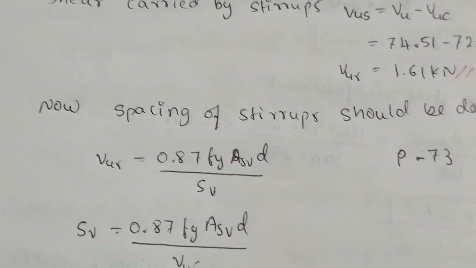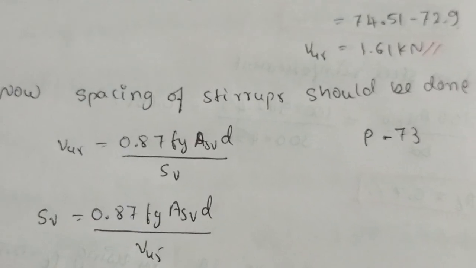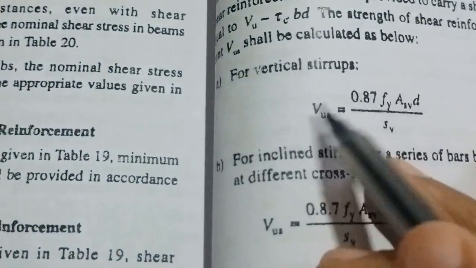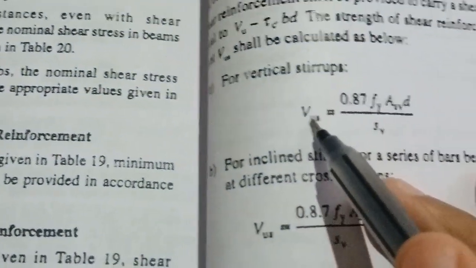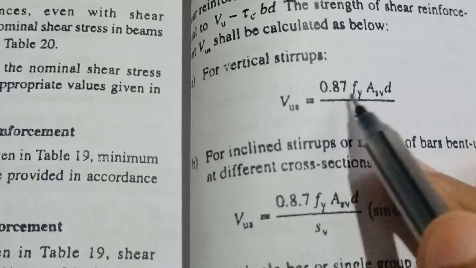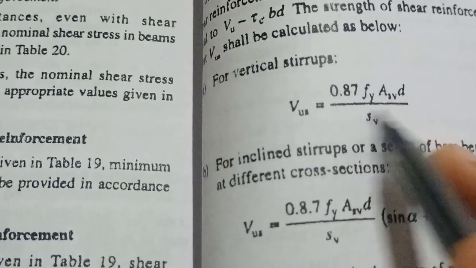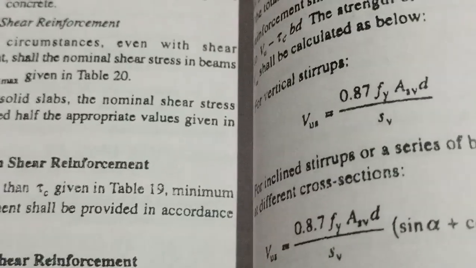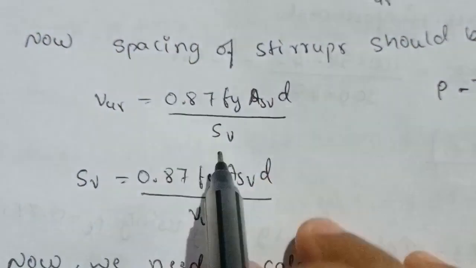For that we have the formula given on page number 73, that is VUS is equal to 0.87 FY ASV d divided by SV. By using this formula, we will calculate the spacing of stirrup.